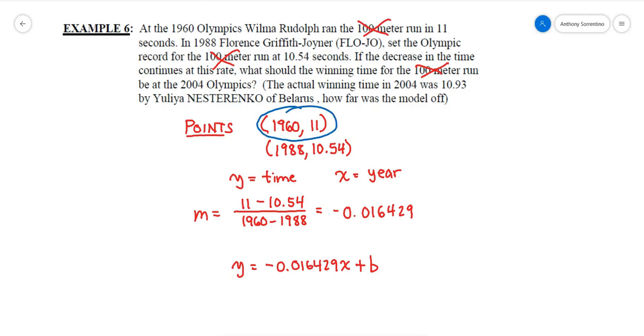And I'm going to plug in the x and y values and calculate what b has to be as a result. So I'm going to have 11 equals negative 0.01649 times 1960 plus b.